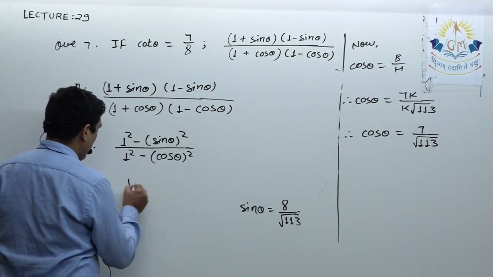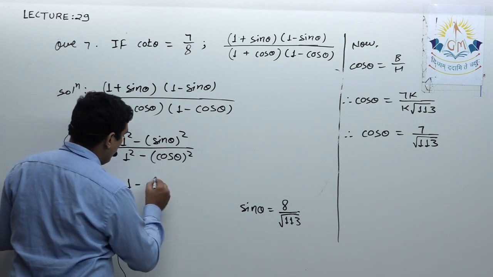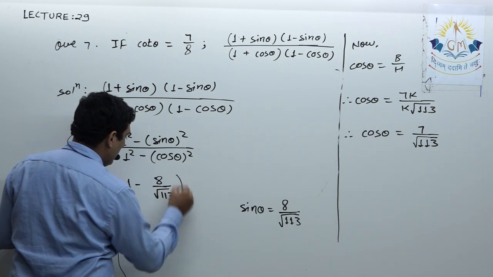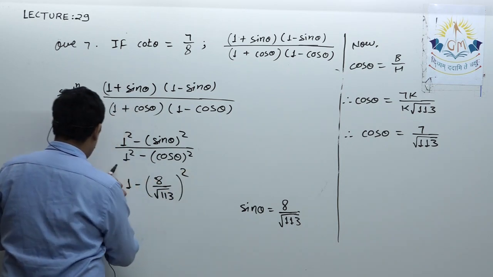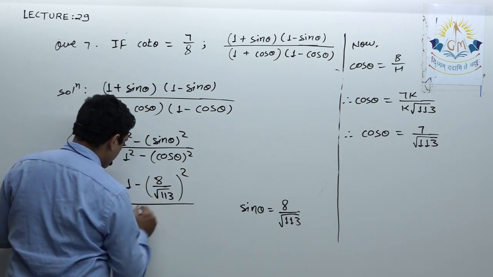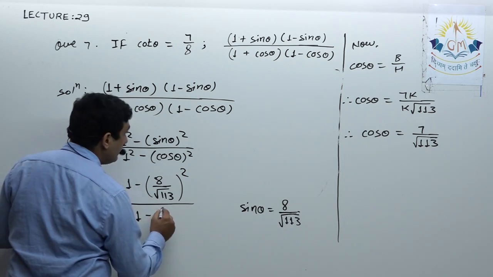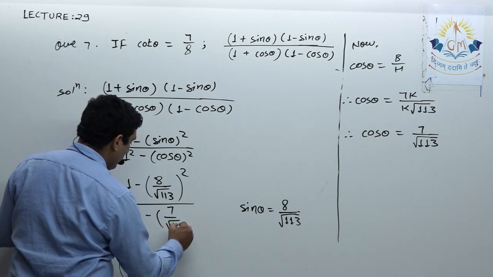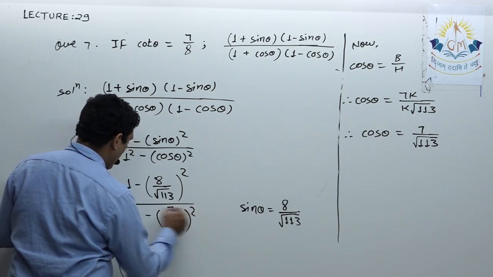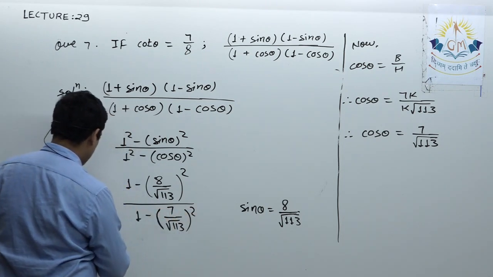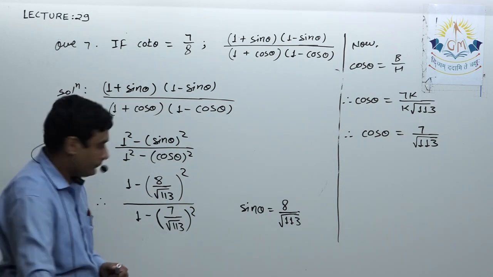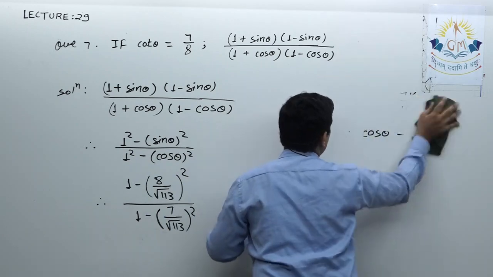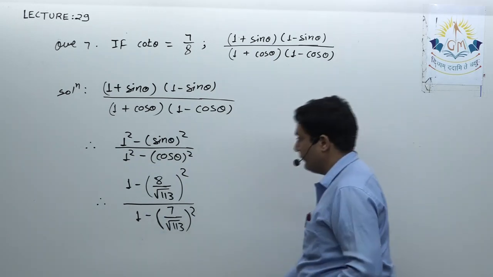Now I will put the value of sin theta, equal to 8 upon root over 113, whole square, divided by 1 minus 7 upon root over 113, whole square. Okay, by just putting the values of sin theta and cos theta, we got this.